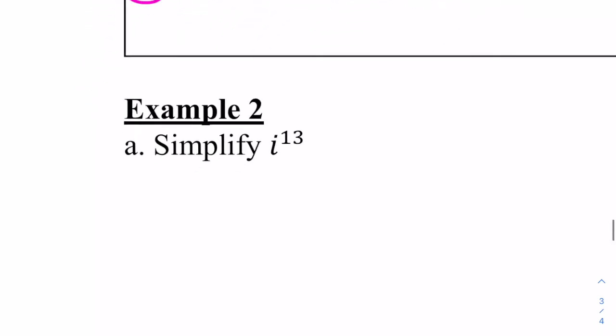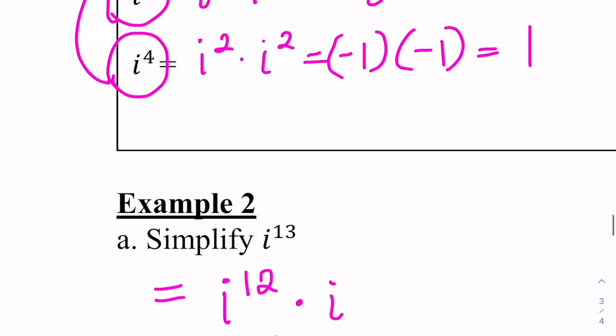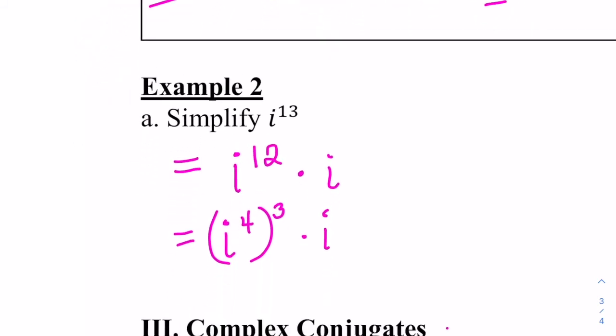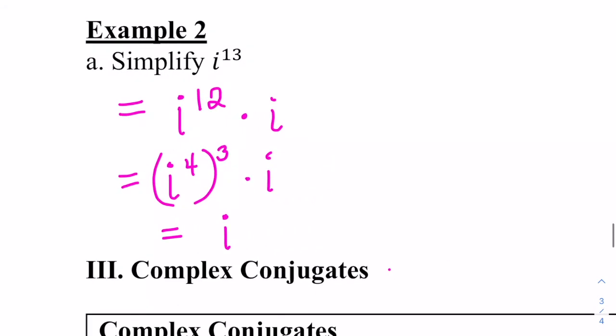Well, we can split that into i to the 12th times i. And we know i to the 12th is really i to the 4th, cubed. And we can tell that i to the 4th equals 1. So 1 cubed would just be 1. So this must equal i.